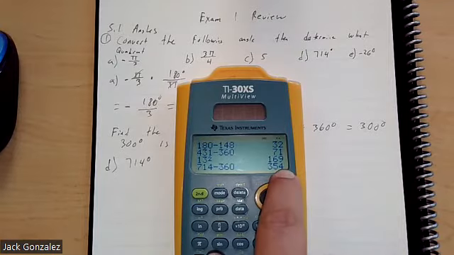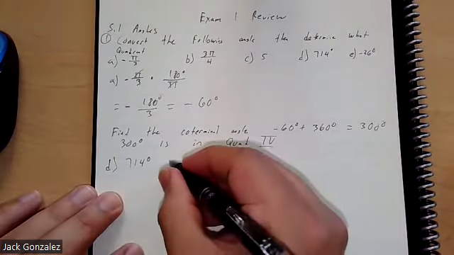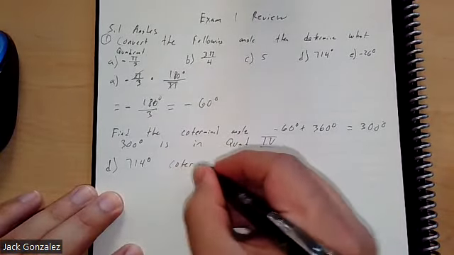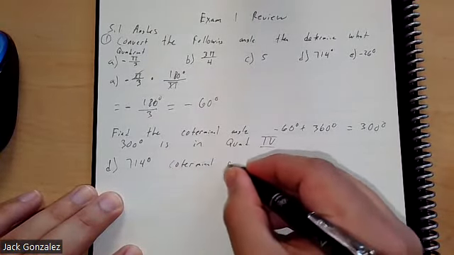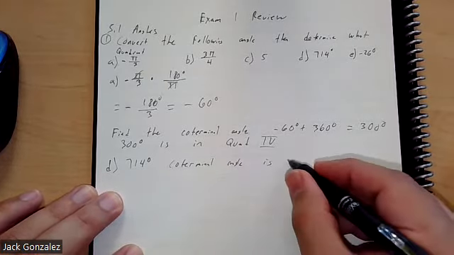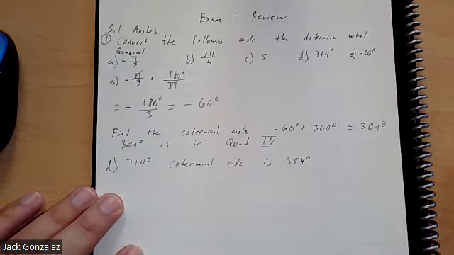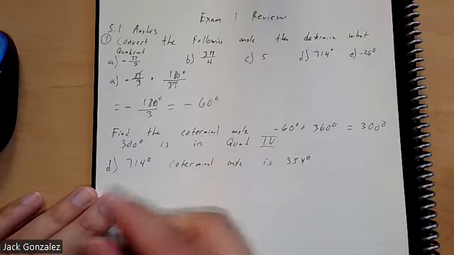Once you hit below 360, that's the angle we're going to use. So the coterminal angle is 354. What quadrant is that in? Still 4, right?